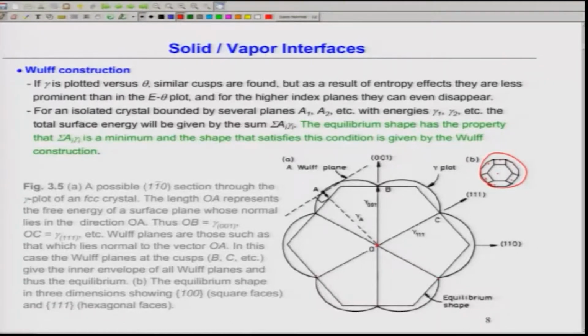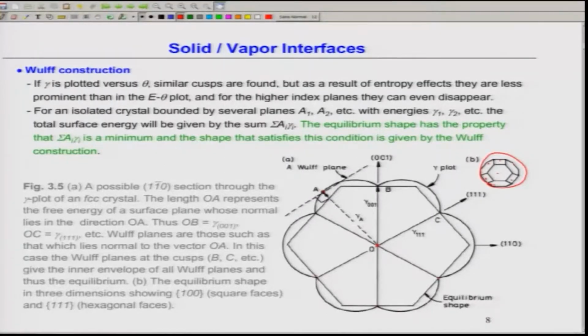Now I consider a point on these cusps, suppose this point is A. If I join this point A and this central point O by a dotted line, and then I draw a normal, not a tangent, a normal to these cusps at this point.